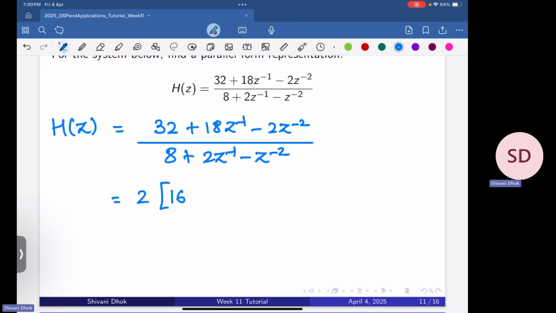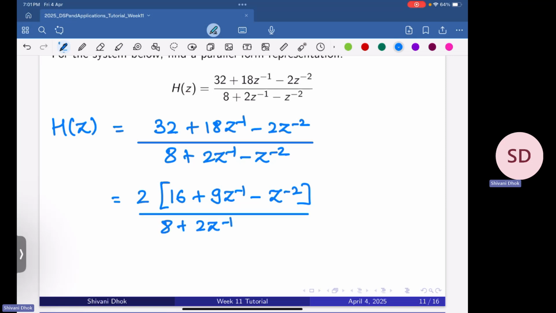So here I am left with 16 plus 9z inverse minus z to the power minus 2, divided by 8 plus 2z inverse minus z to the power minus 2.